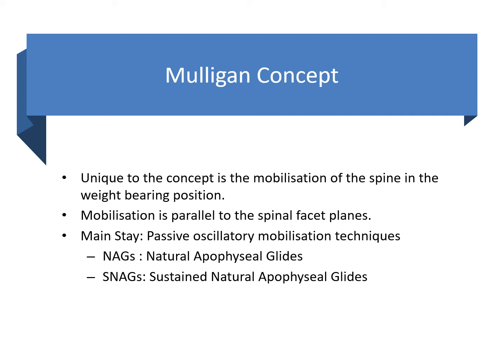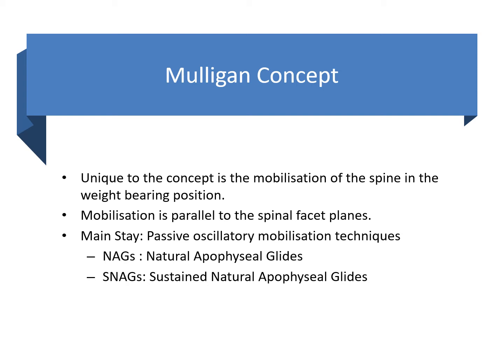That includes standing and sitting, not only lying down. So he has given the concept of giving the mobilization glide in weight bearing position. This is a very unique concept when we compare it with Maitland's concept. The difference between the two is that Maitland is given in non-weight bearing position and Mulligan is given in weight bearing position. Please do remember this concept.